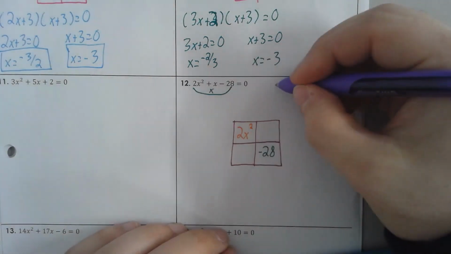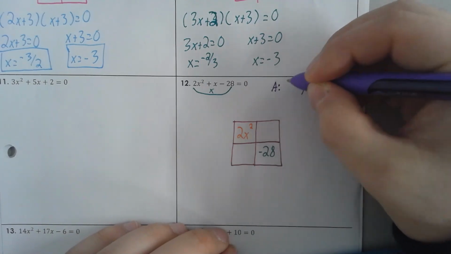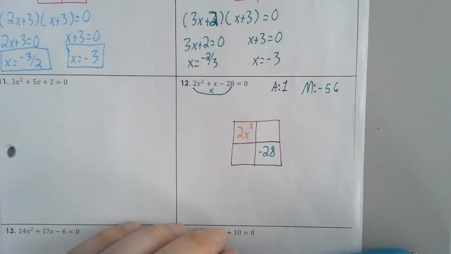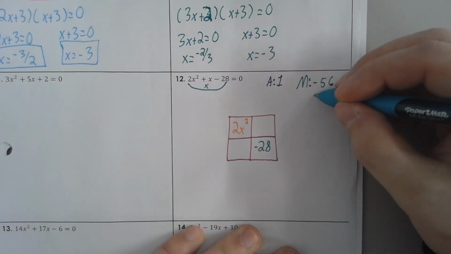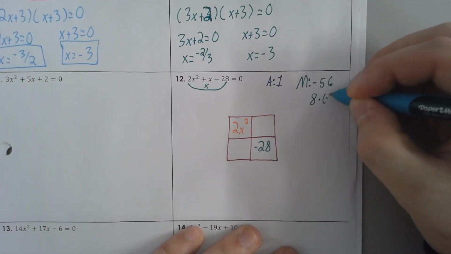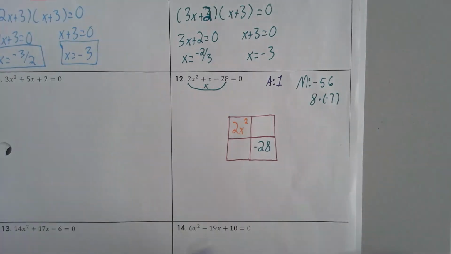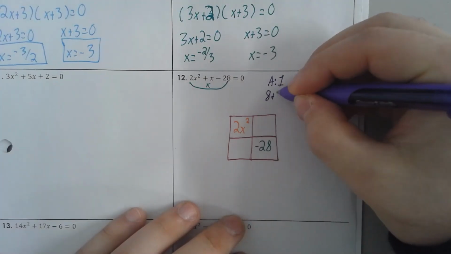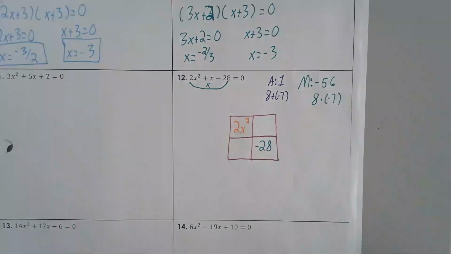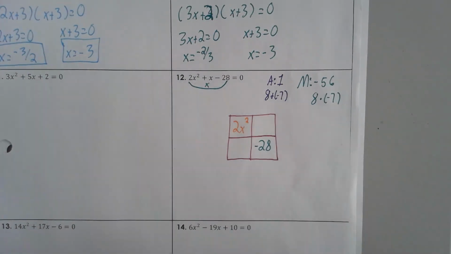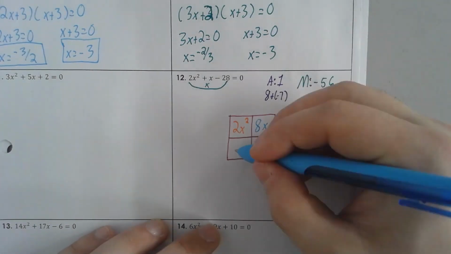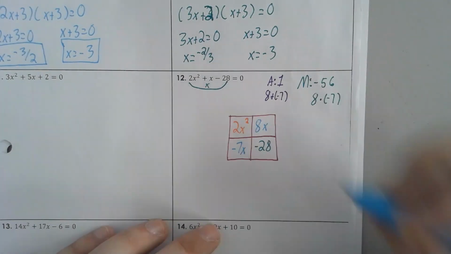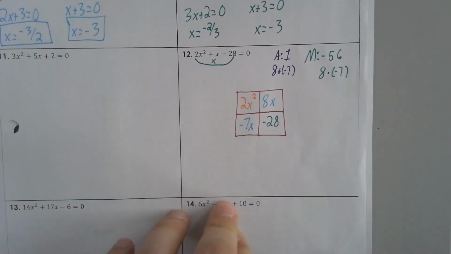So multiply to be negative 56 and add to be 1. We're going to get 8 times negative 7. And 8 plus negative 7. So we can put in an 8x and a negative 7x.